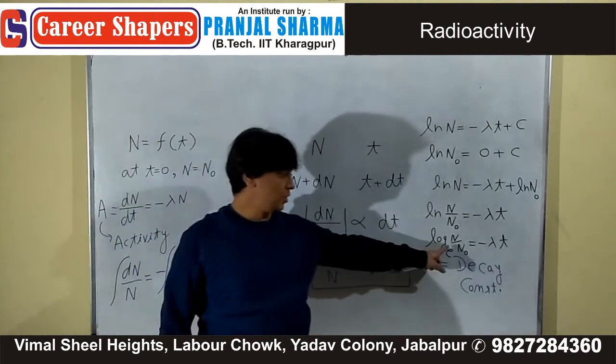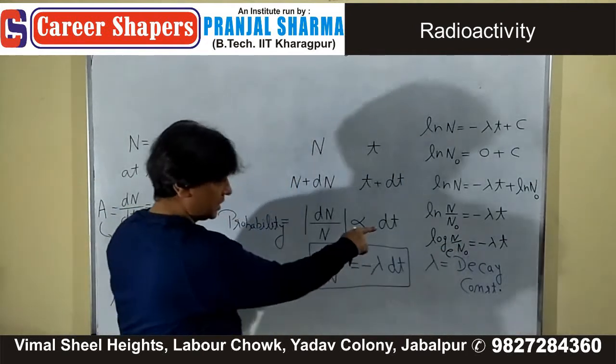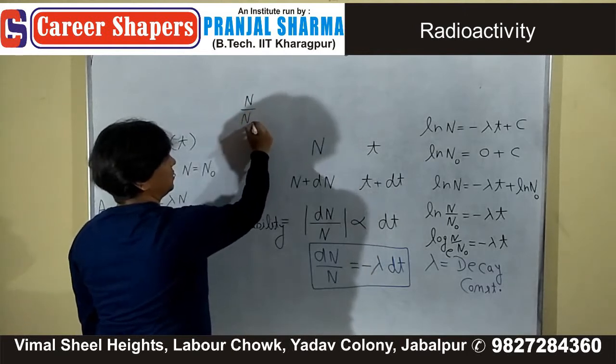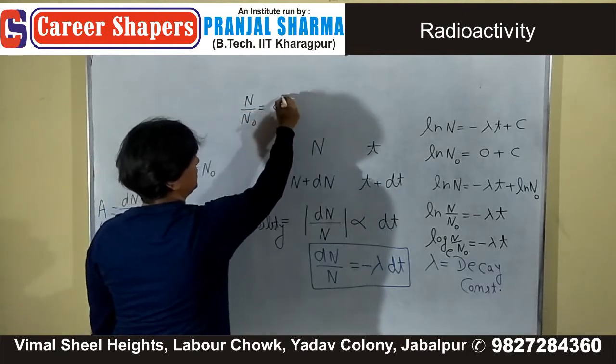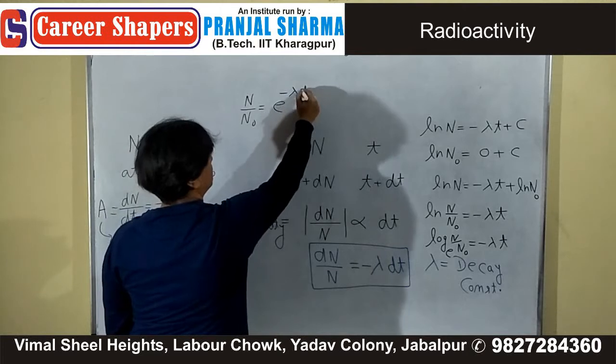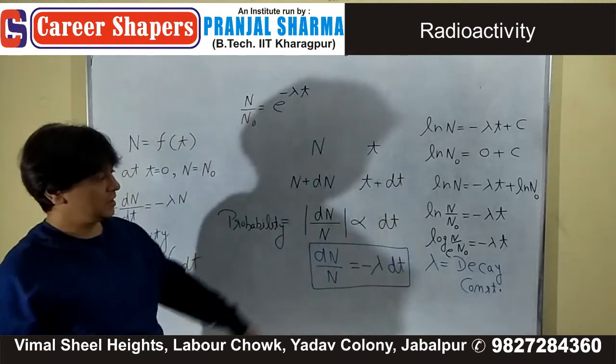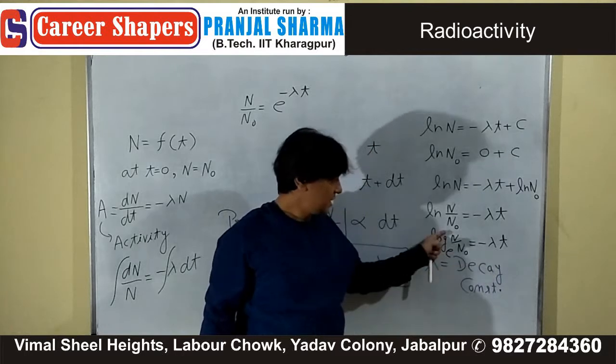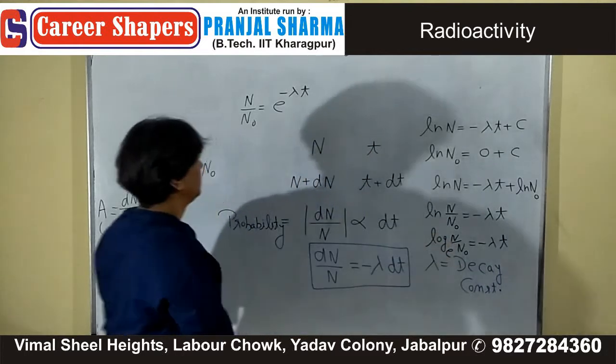Now, how do you remove the log? When you remove the log, it becomes N upon N naught equals e to the power minus lambda t.